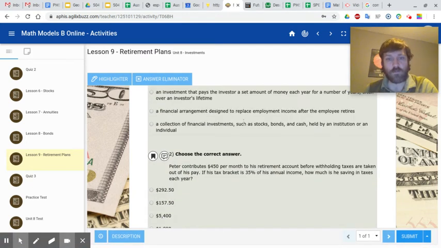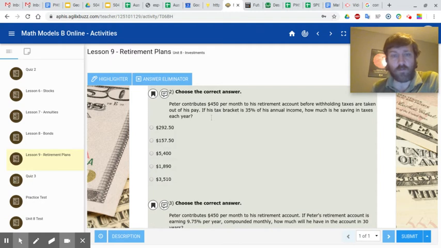So, the first type of problem is this type of problem where it asks about taxes. It says Peter contributes $450 per month to his retirement account before withholding taxes are taken out. If his tax bracket is 35% of his annual income, how much is he saving in taxes each year? So the idea here is that if he puts $450 into this retirement account, he will not pay taxes on that money, which is typically how retirement accounts work.